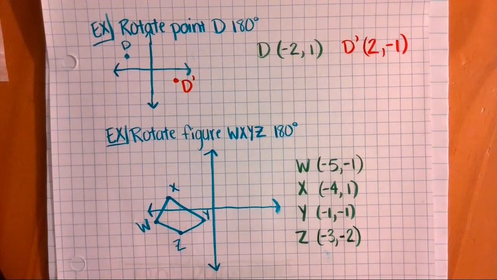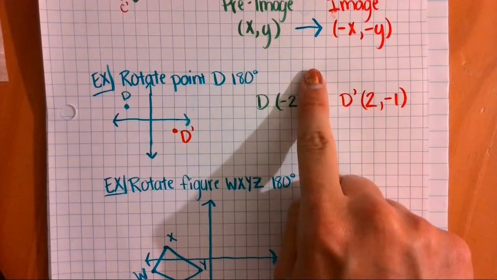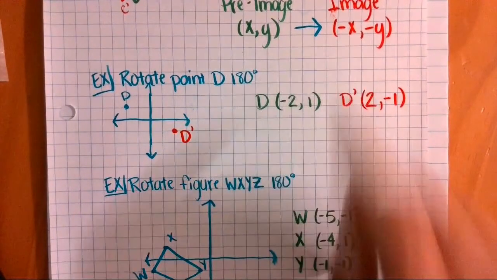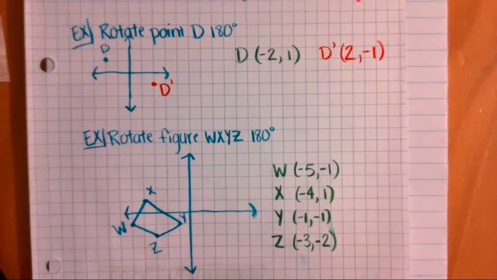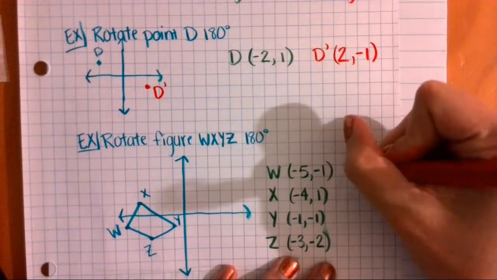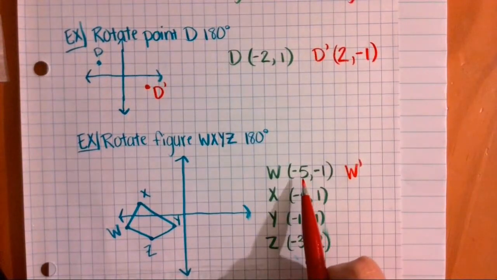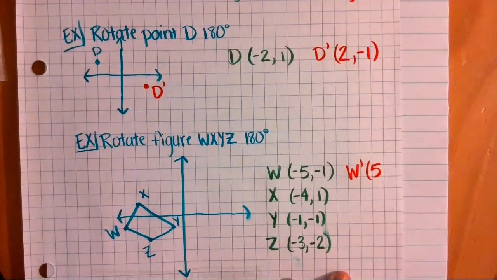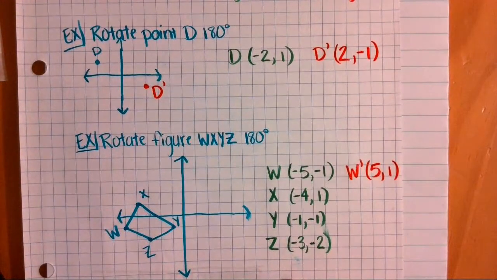So I'm going to use my same process that we had on our first example and what we wrote down up here. I'm going to take my X, Y, and change the signs of both of those for my new image. So for W prime, I have to change my negative 5 to a positive, and my negative 1 becomes a positive 1. So I have 5, 1.